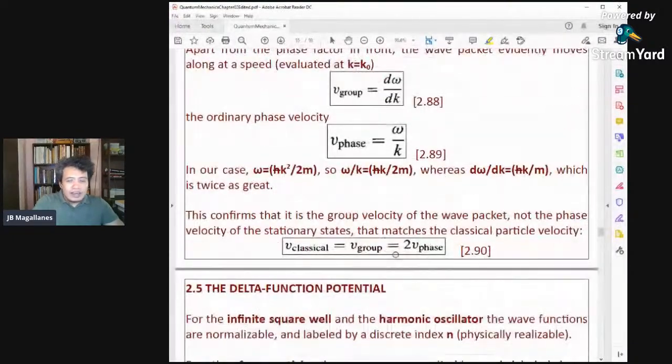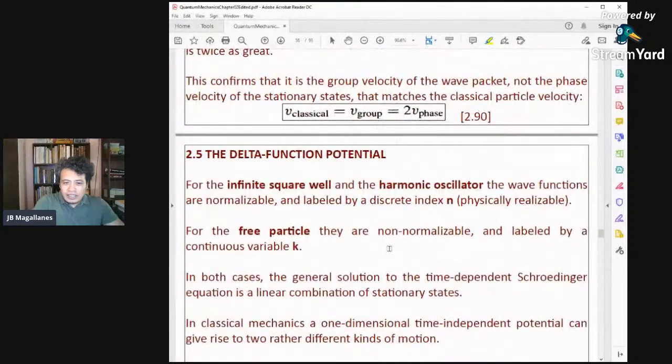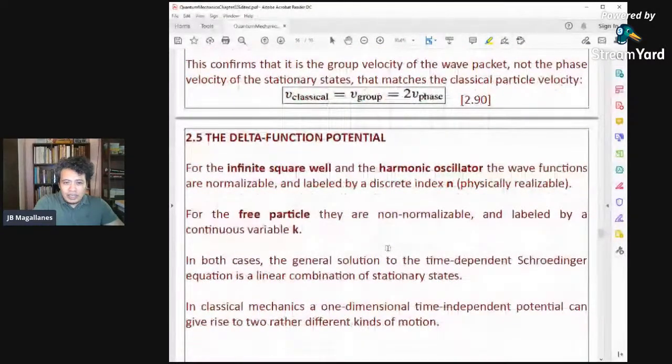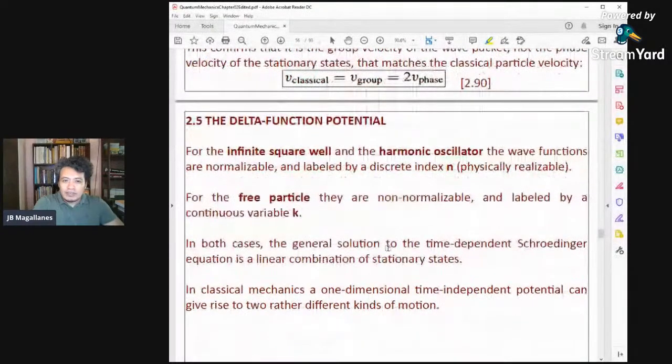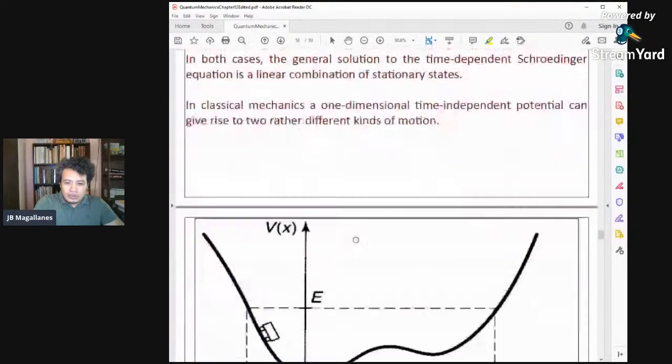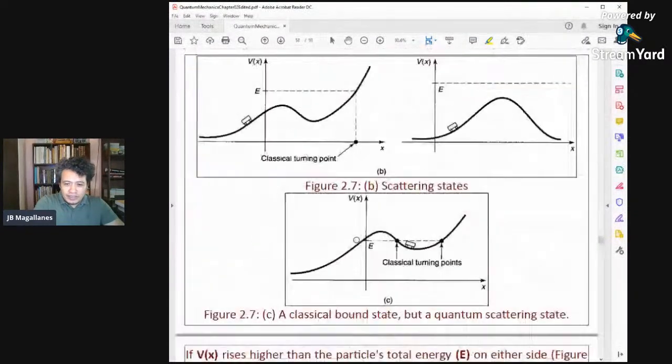Next lecture would be dealing with delta functions, so that would be next week.